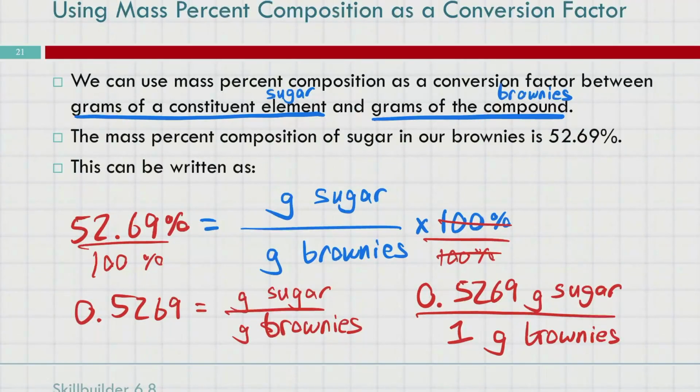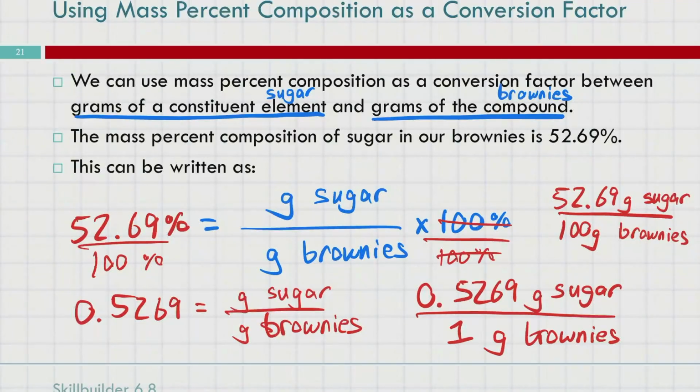Alternatively, if you wanted a bigger number, 52.69 grams sugar in 100 grams of brownie. So in this lower bottom right corner, the way that we got this number to transfer over to the grams sugar over grams brownies, we just arbitrarily decided, since it's a ratio, we can just choose one of these.